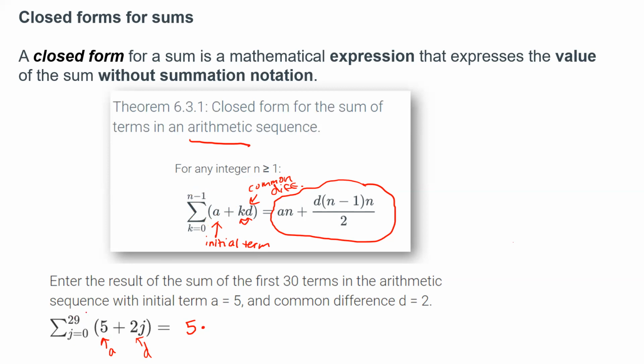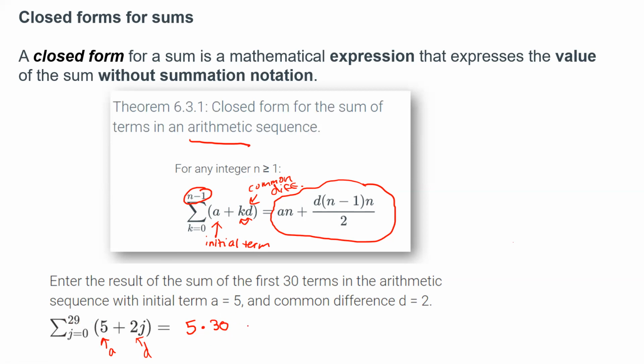If this is my summation, what would I say N is here? Anybody want to tell me? Yeah, it would be 30, okay? So does everybody see that? This is N minus 1. So to get N, you just add 1 to that upper limit. So this is 29, so we add 1 to it to get 30, okay?